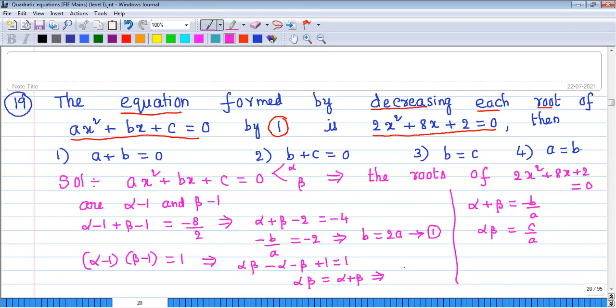Now alpha beta is equal to c upon a, and alpha plus beta is equal to minus b upon a. A gets cancelled, bring minus b this side. Therefore, you get b plus c is equal to 0. You check whether b plus c is equal to 0 is there in the options. Yes, the second option is the right option.